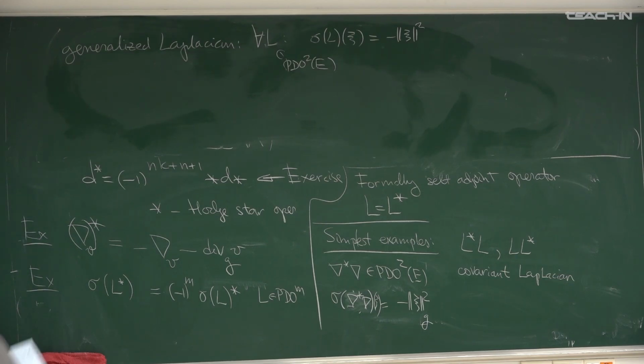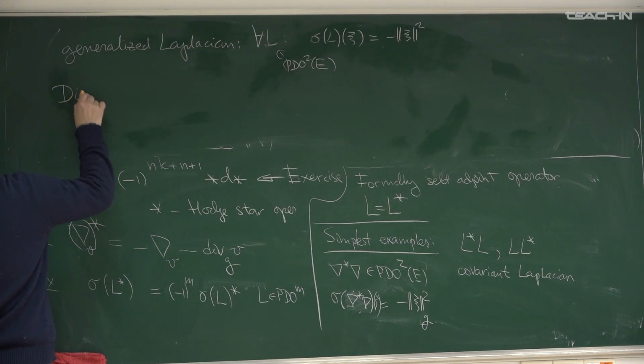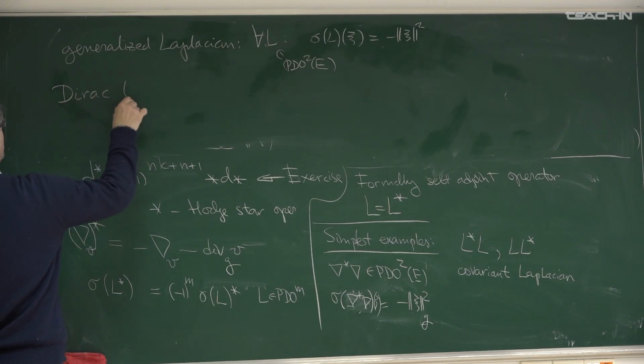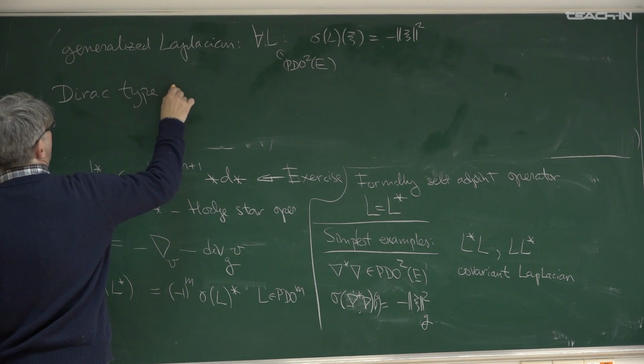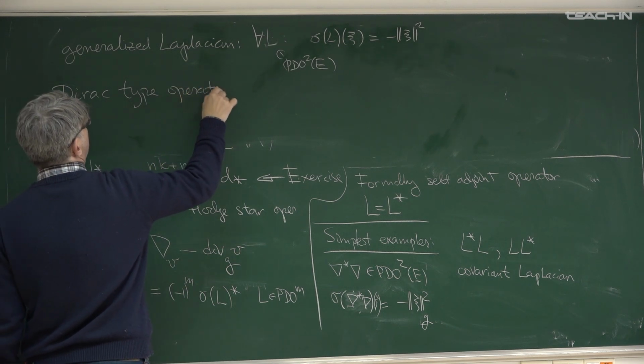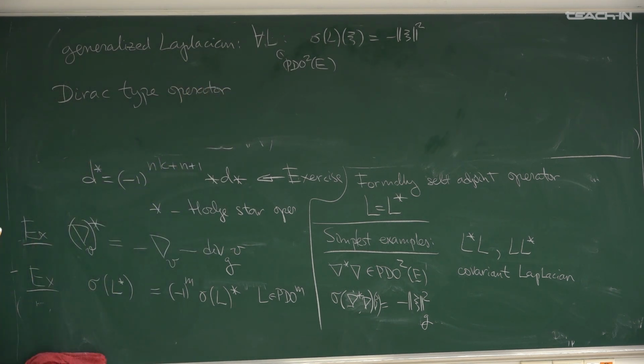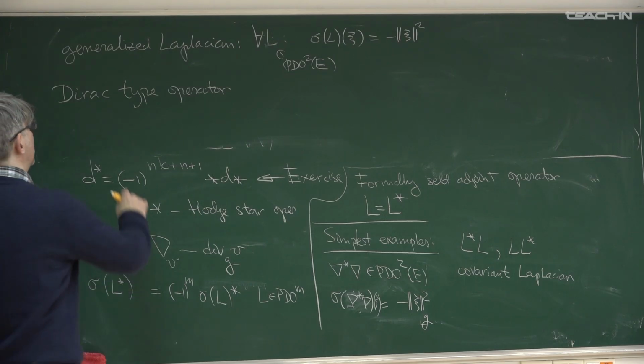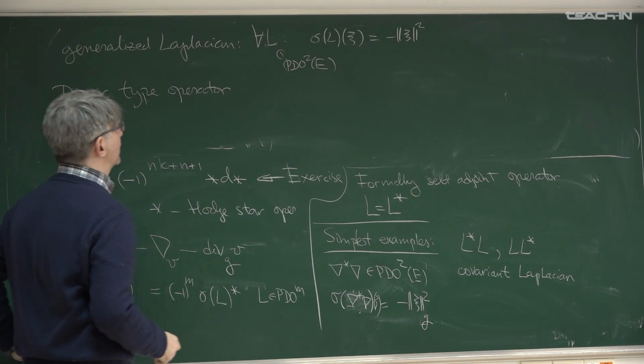Now let me introduce a very important guy, Dirac-type operator. I will try to discuss with you how to calculate symbol of very specific type operators, of these type operators, because most important applications are for operators of such type.